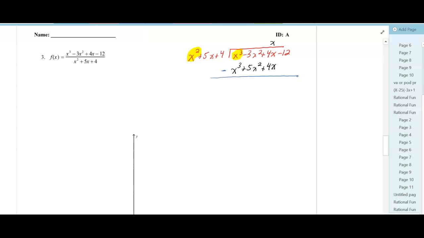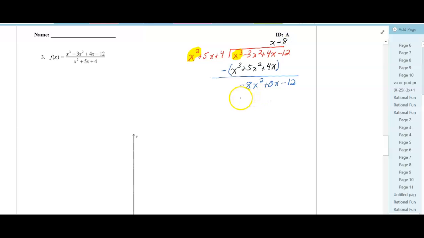When you subtract, you get, and let's put parentheses around here, negative 8x squared plus 0x, and we're going to drop the 12. Then you ask yourself, how many times does x squared go into negative 8x squared? And that's negative 8.